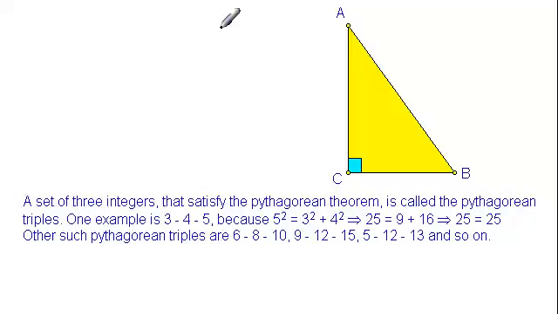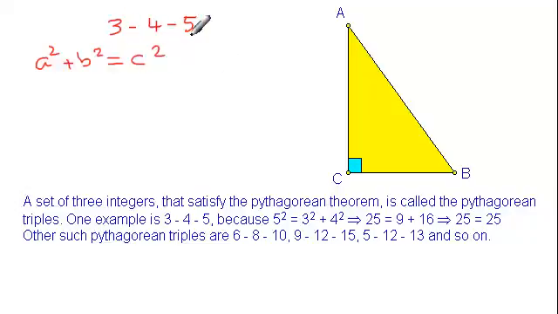So if I said 3, 4, 5 is a Pythagorean triple, which means a square plus b square is equal to c square.